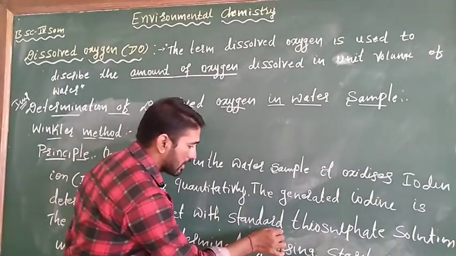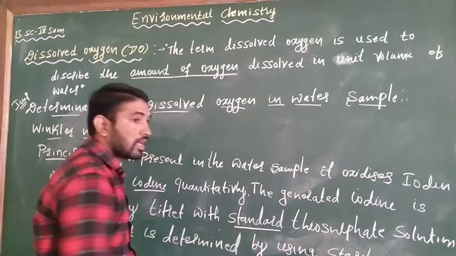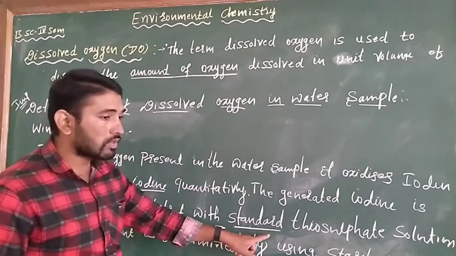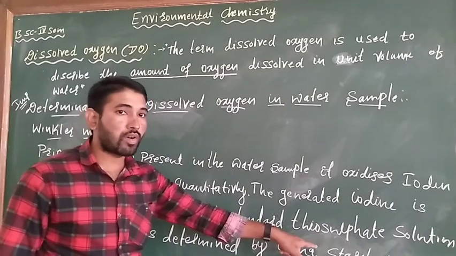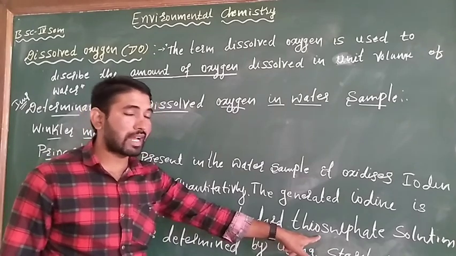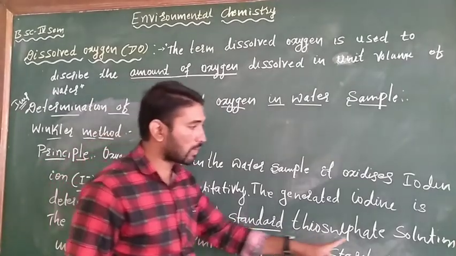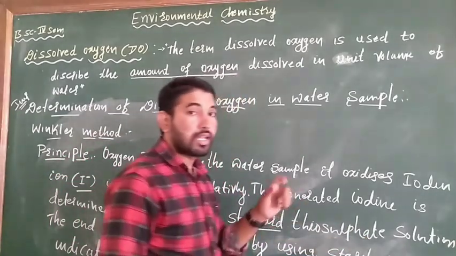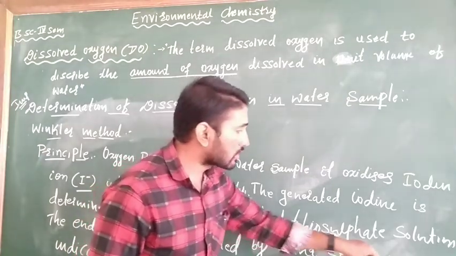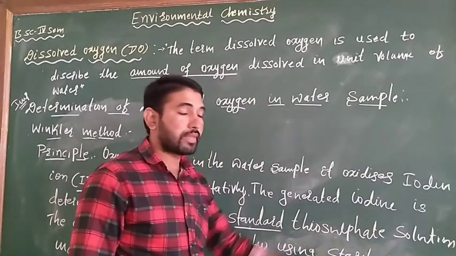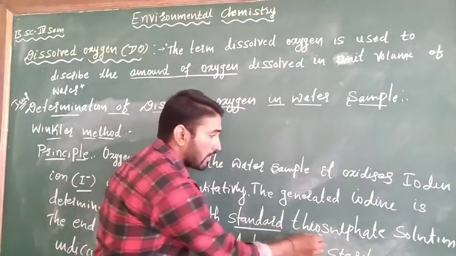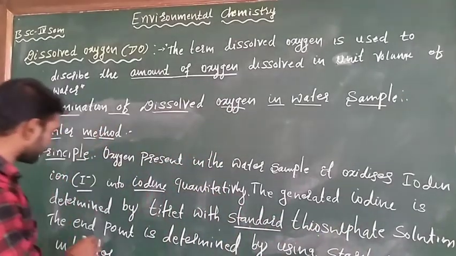Standard means standard solution. Standard means we know the concentration of this solution. That's why it is called a standard solution. Standard thiosulfate solution, we know the concentration of this thiosulfate solution. That's why it is called standard thiosulfate solution.